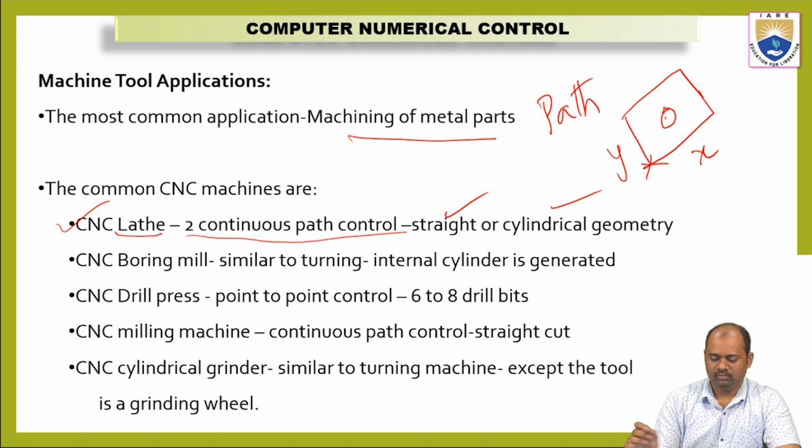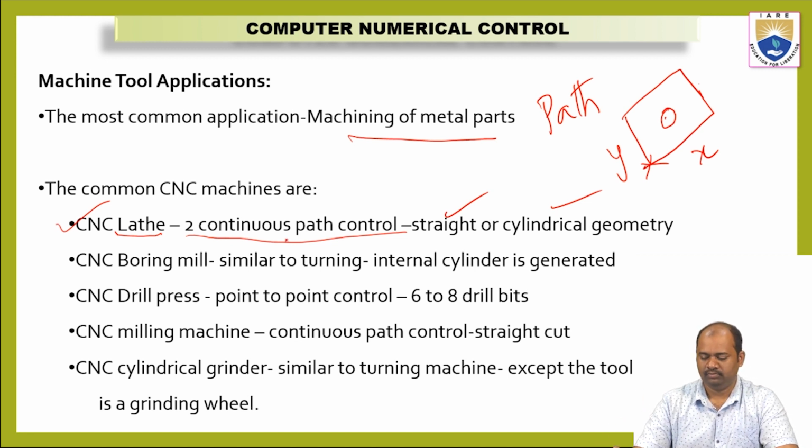Now, in a CNC lathe machine, two path controls are possible. Two path controls means I can control the path in both X and Y directions. That is the movement of the workpiece, which is rotating, and the second one is the movement of the tool.